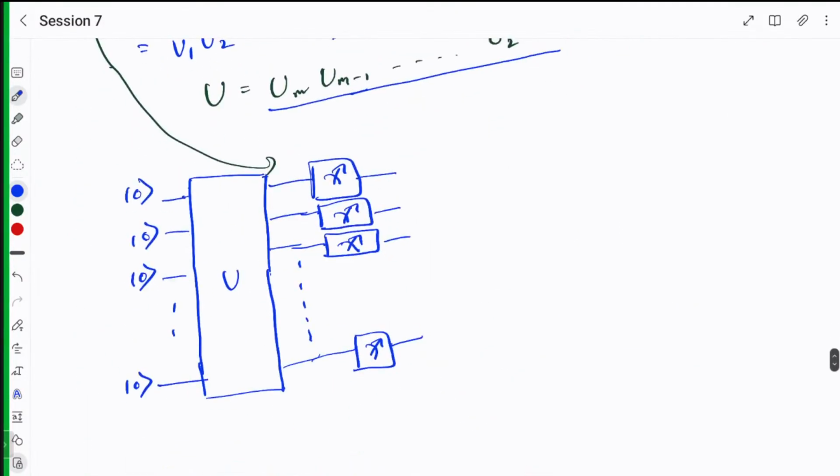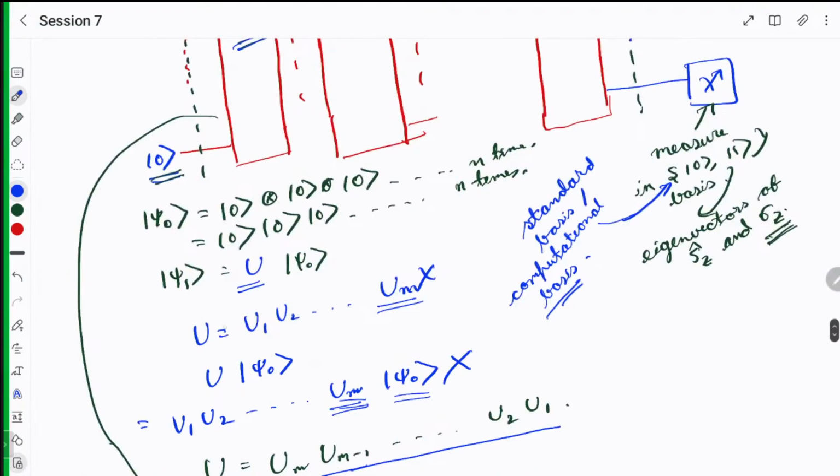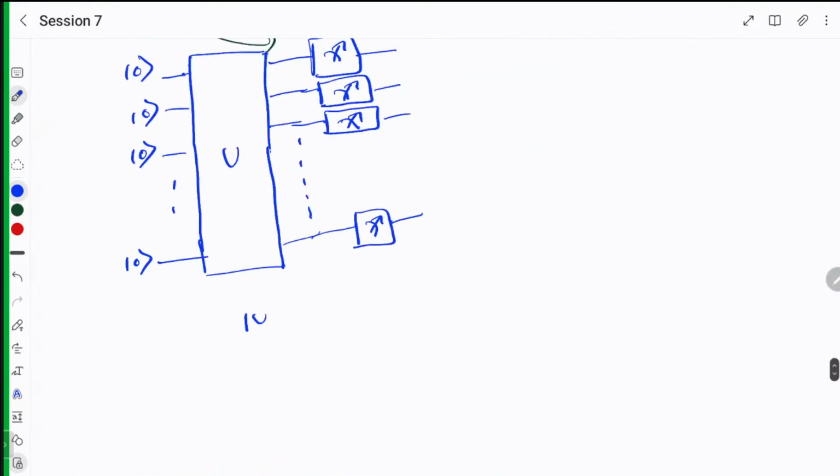Now, we have said that if you act U on psi naught, you get psi 1. If I want to get psi naught back from psi 1, what unitary should I apply here? U transpose, that's right.